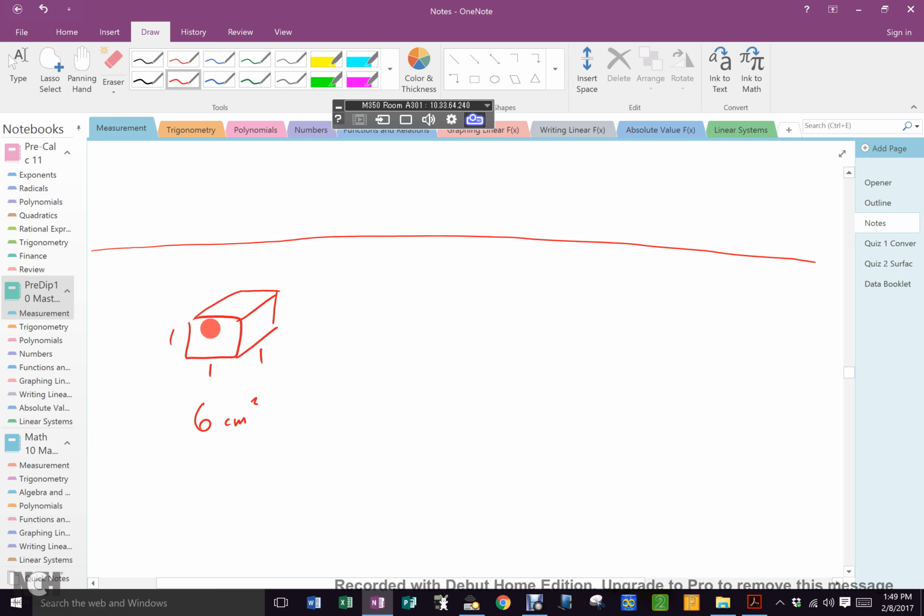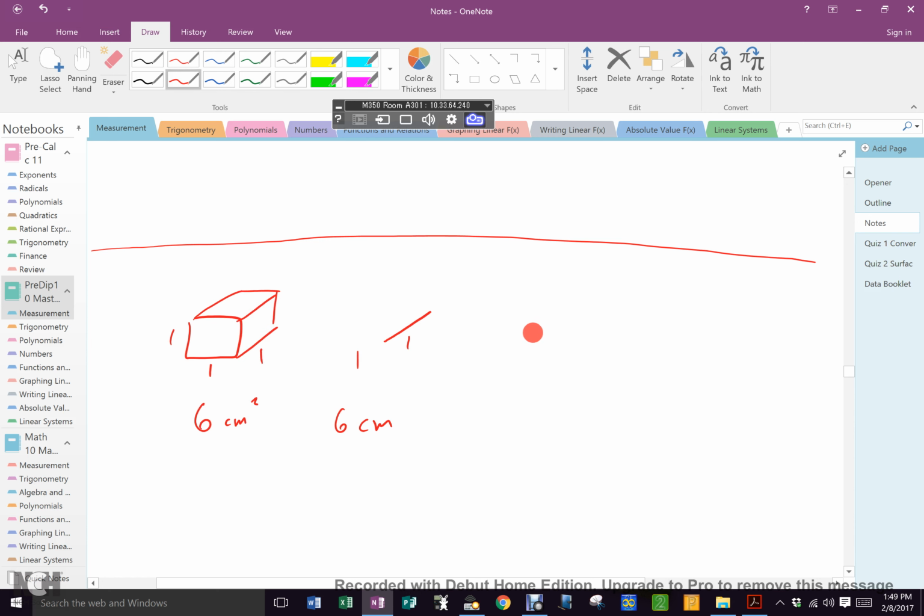Everybody cool? Okay, now, if I draw another one, that is 1 by 1 by 1. What's that surface area? 6. Right? What happens if I put them together?